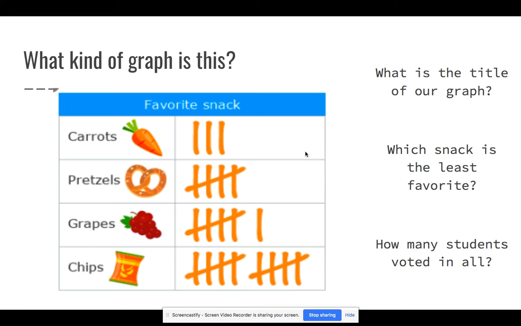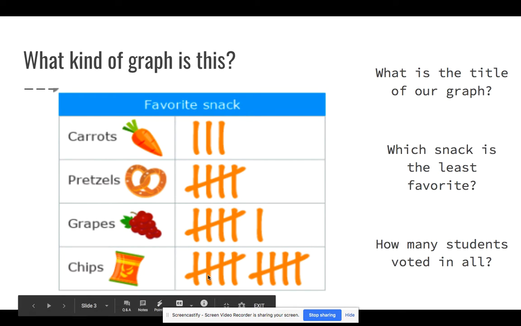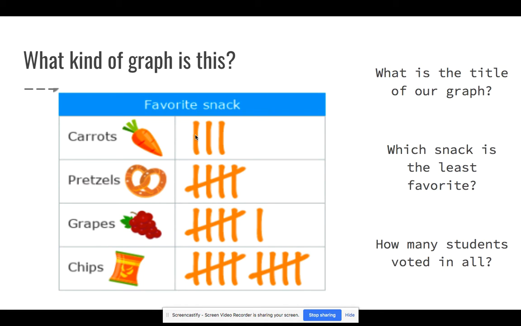So instead of going through and counting all of our tallies by 1, first we're going to count by 5s. So 5, 10, 15, 20. Now let's count our ones. 21, 22, 23, 24. 24 students voted in all.